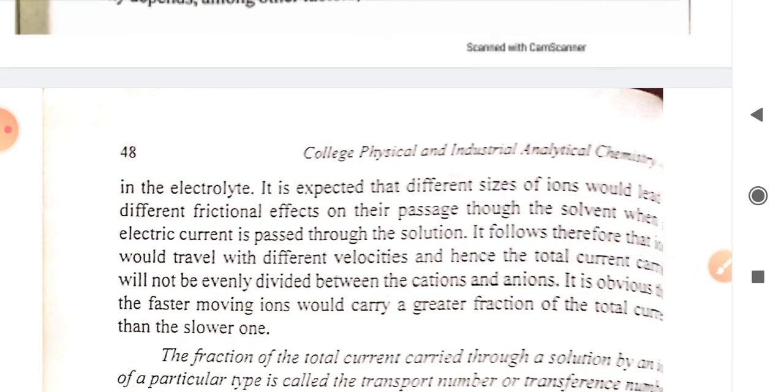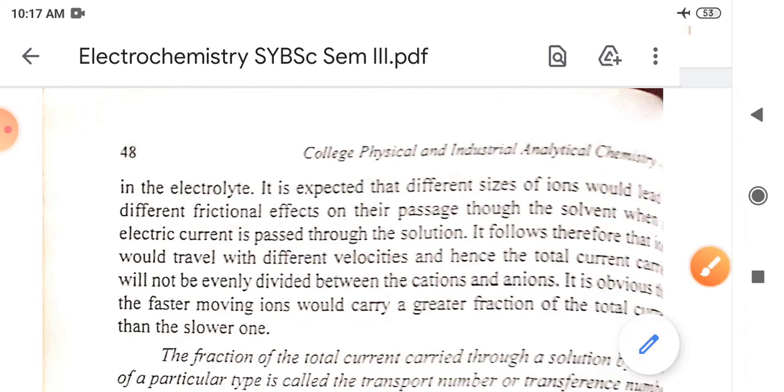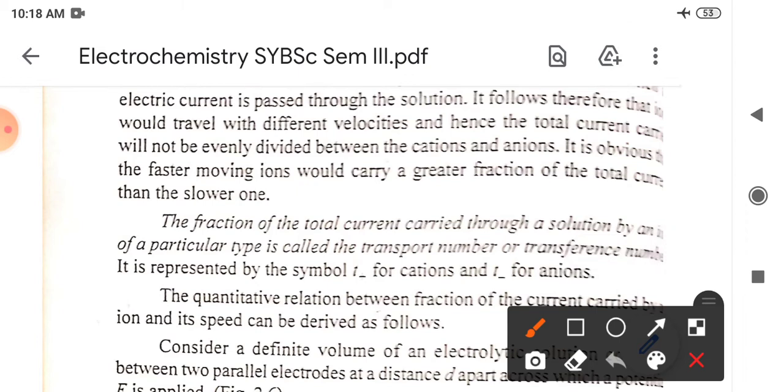So it is expected that different sizes of ions would lead to a different frictional effect on their passage through the solvent when the electric current is passed through the solution. It follows therefore that with different velocities, the current carried by the cations and anions is not evenly divided between them, because there is a difference in size.